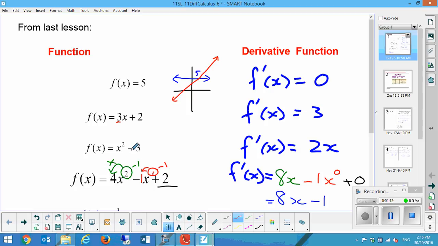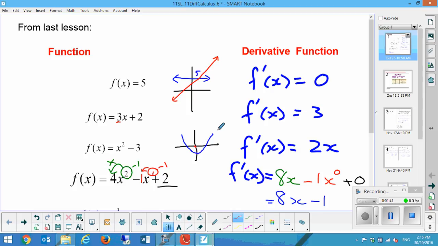In here we discovered that for the quadratic, if we have a quadratic function, in this case x squared minus 3, then the derivative function says, what's the slope like? Well, the slope here is 0 because it's at a minimum.